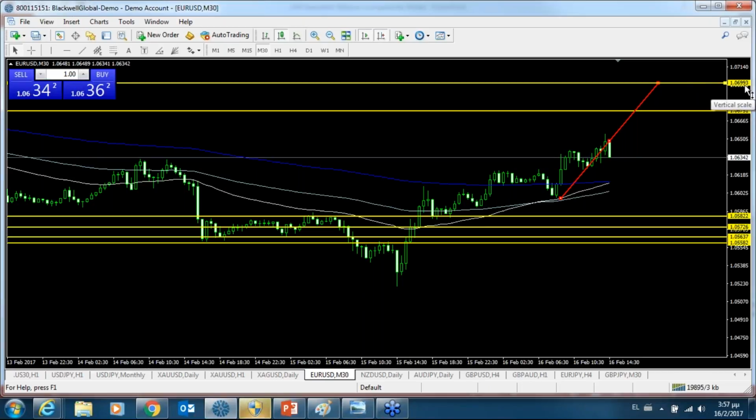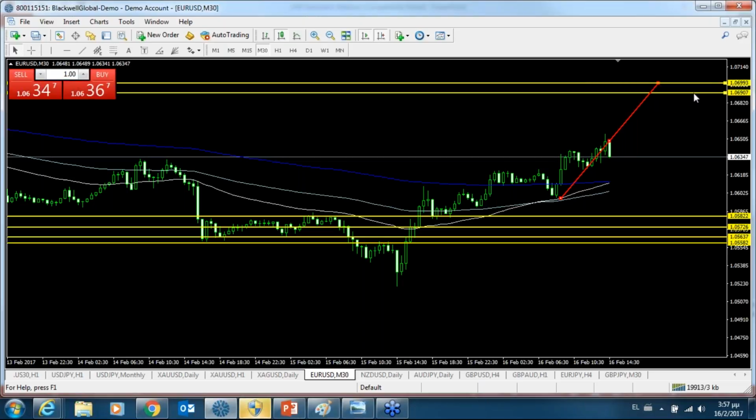So that's 0699, which is very close to 0700, a psychological number again. So 0690 is your area for exit. If you're looking at entry 0660 for the buy, then 0690 to take profit or exit the market. So you've got close to about 30 pips or so.